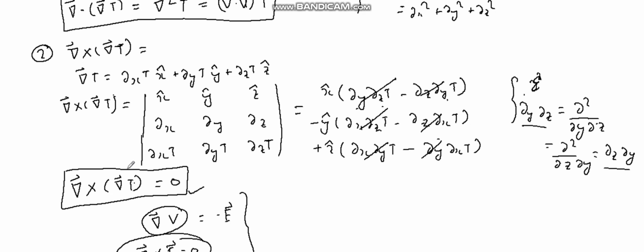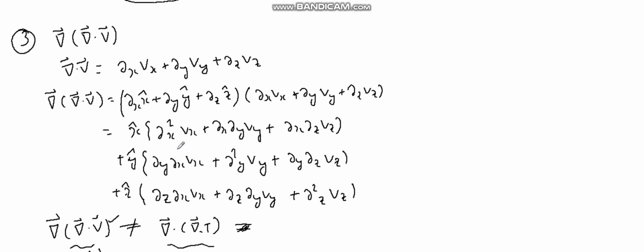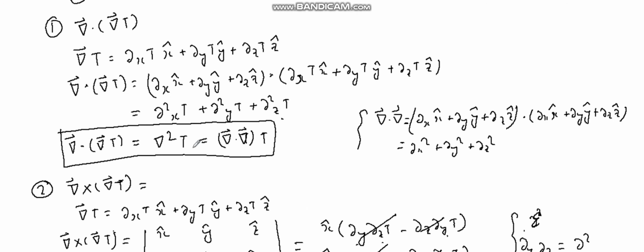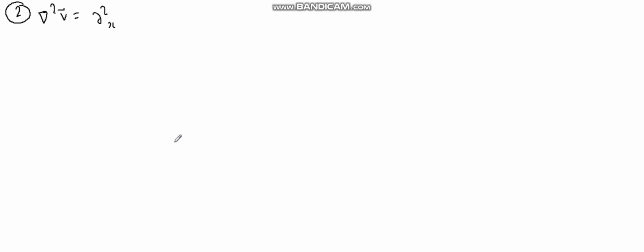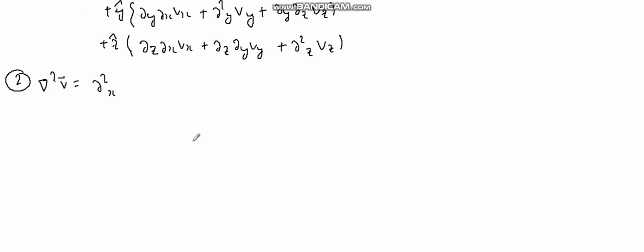Actually this is not del 2 square v, because this del 2 square is a scalar quantity, and here we have v as a vector quantity. So what is the final value of this term, let's see.